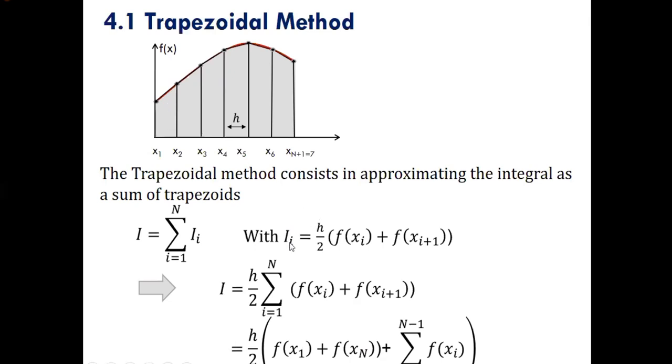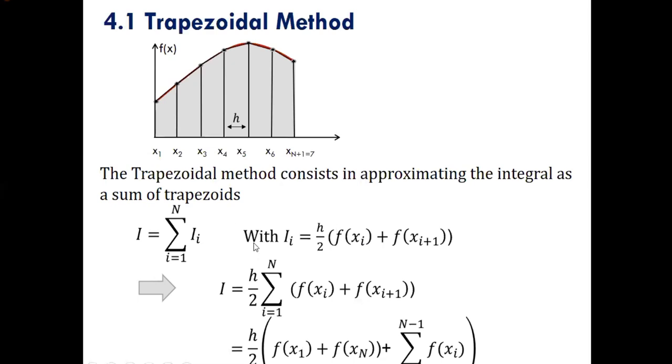So Ii is h over 2 times f of xi plus f of xi plus 1. Now, for example, for this trapezoid it is f of x1 plus f of x2 over 2 multiplied by h. So we have the same h.